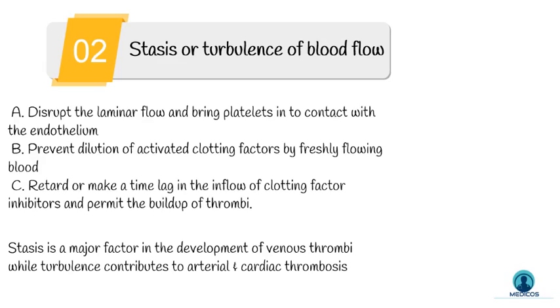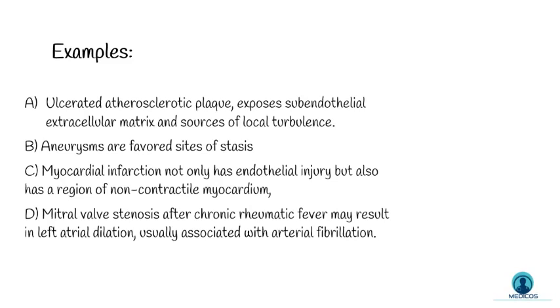Stasis is a major factor in development of venous thrombosis, while turbulence contributes to arterial and cardiac thrombosis by causing direct endothelial injury or by forming countercurrents and local pockets of stasis. For example, an ulcerated atherosclerotic plaque, which forms a sort of irregularity on the endothelial surface, not only exposes subendothelial extracellular matrix but also becomes a source of local turbulence.